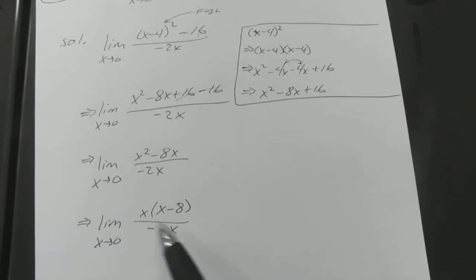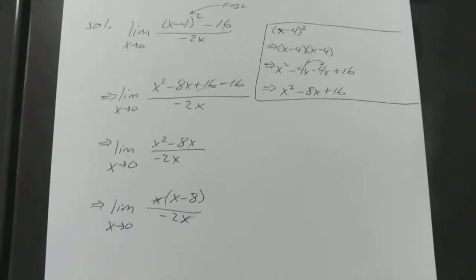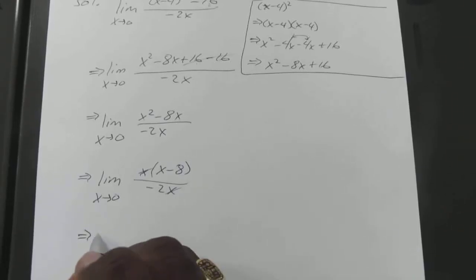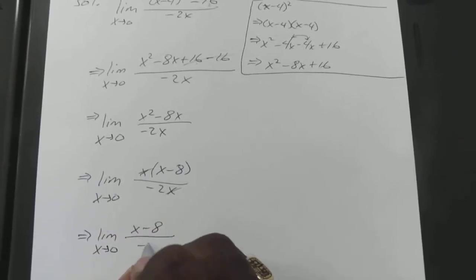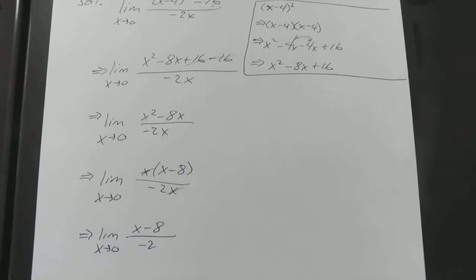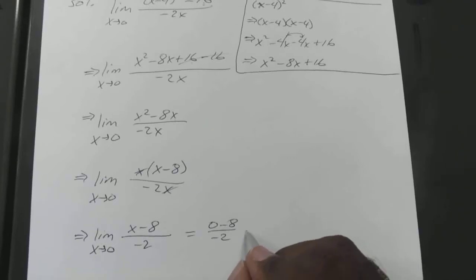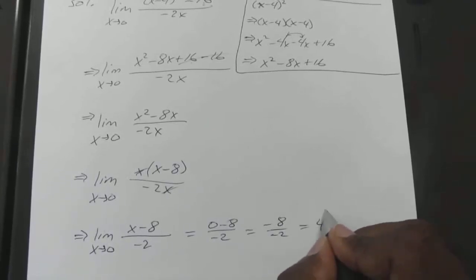Now we have two x values that can cancel each other out, which gives us the limit as x approaches 0 of x minus 8 over negative 2. Now if we plug in 0 here, we get 0 minus 8 over negative 2, which is negative 8 over negative 2, which is 4.